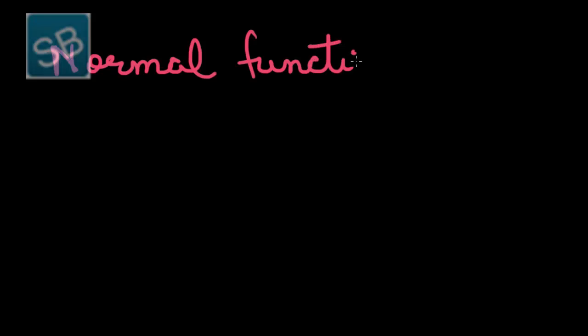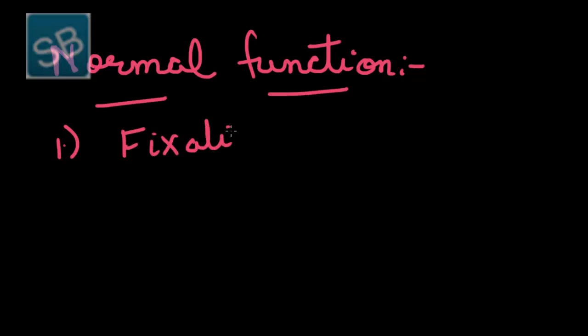Now let us study the normal functions of the root. Till now we have studied types, structure, and form, and now let's study the functions. First is fixation, and second, absorption.